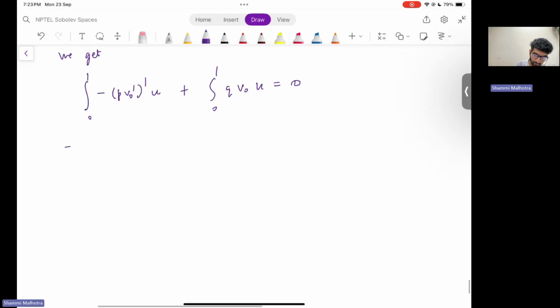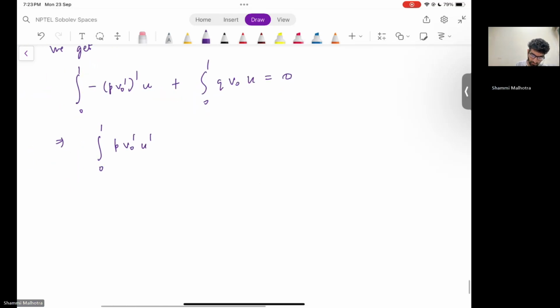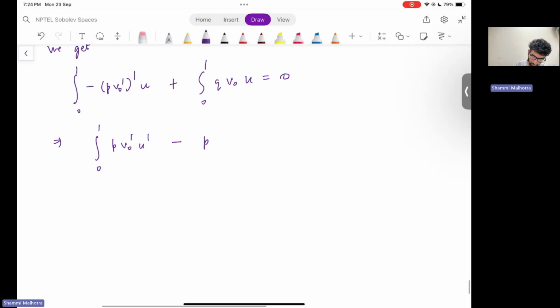And this basically implies that by integration by parts, integration 0 to 1 p v naught' u' plus, sorry, minus p v naught' u evaluated at 1 and 0, plus integration 0 to 1 q v naught u equal to 0.